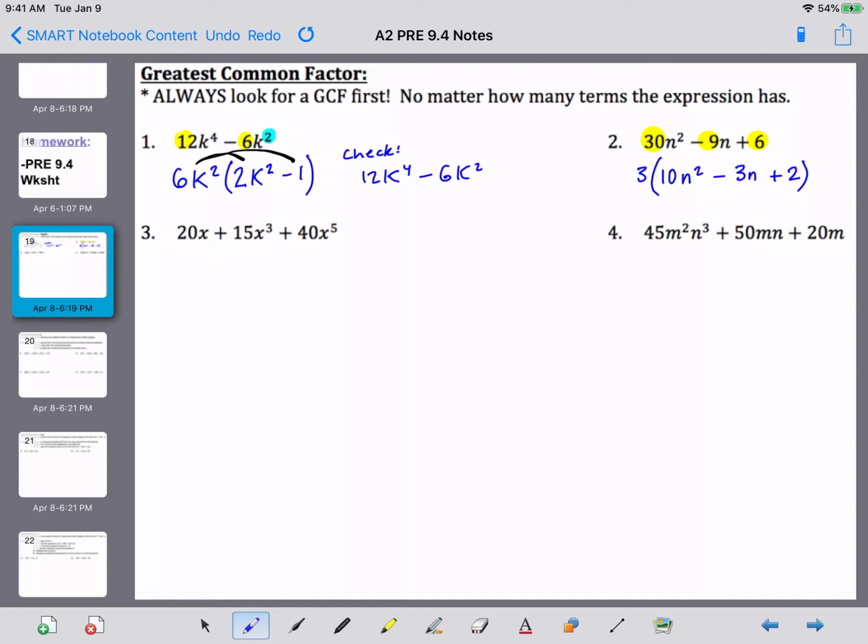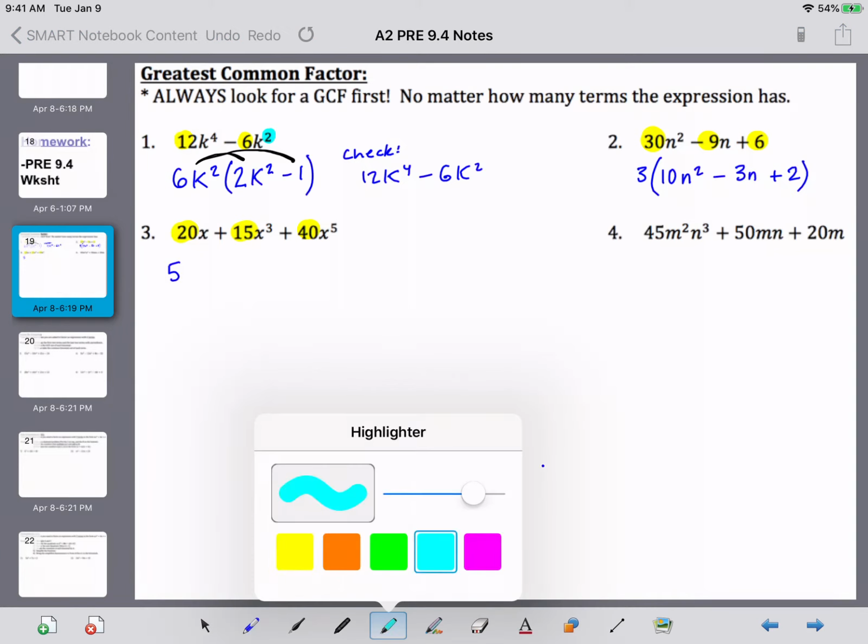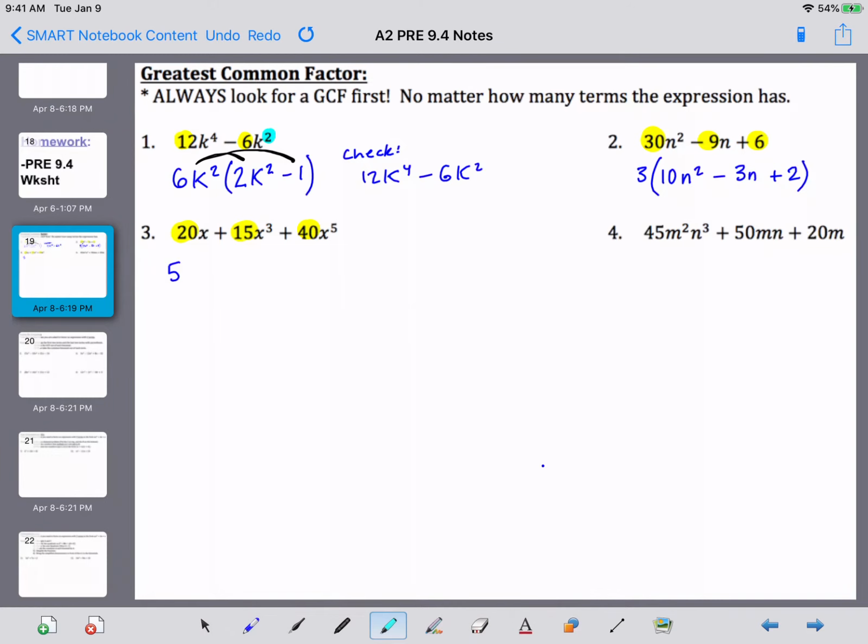Okay, let's try number 3. First check your numbers, 20, 15, and 40. I think all we can divide those by is 5. And then I do have an x in all of the terms. The lowest power is just an x to the power of 1 here. So the variable I can take out is just a single x.